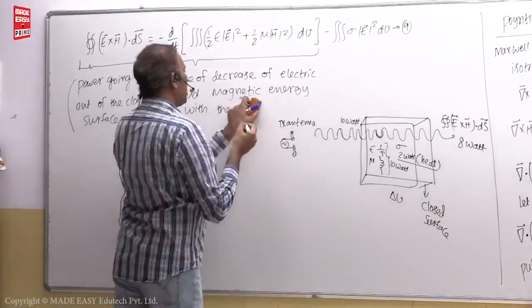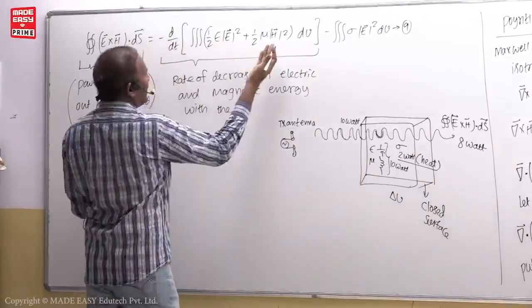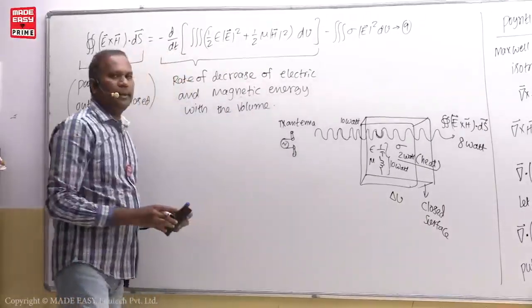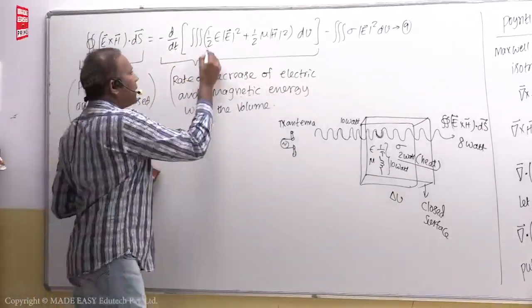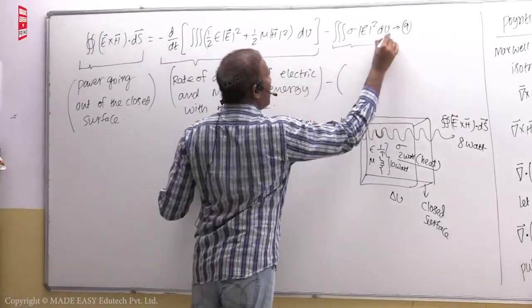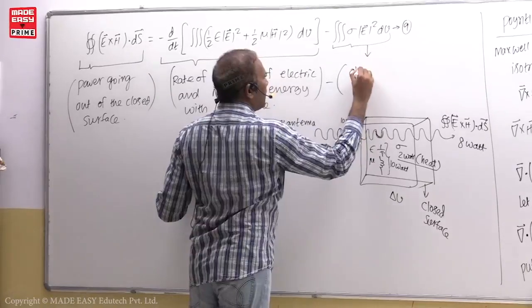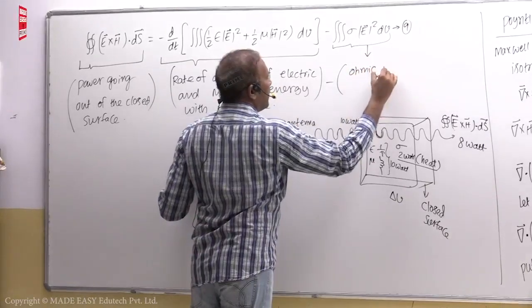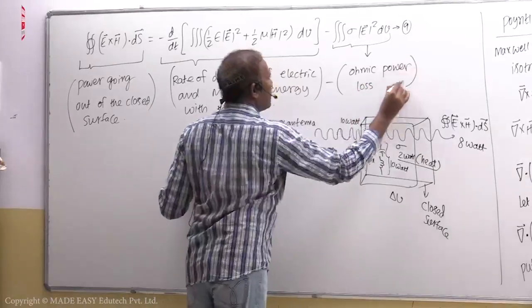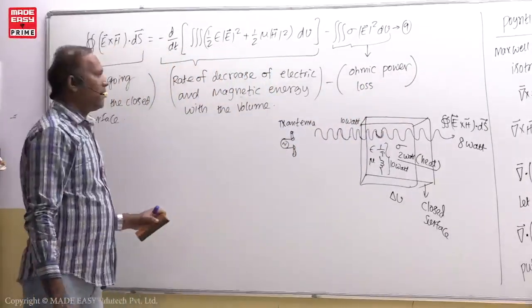Within the volume, you say, students, because inside this closed surface whatever volume is there, that much. So within the volume, minus of this, the meaning of this one is ohmic power loss. That is the statement.